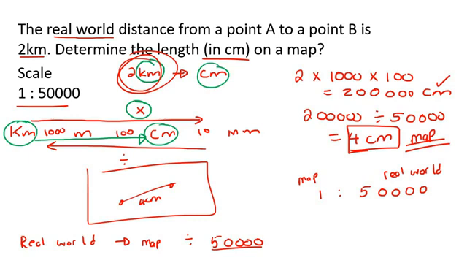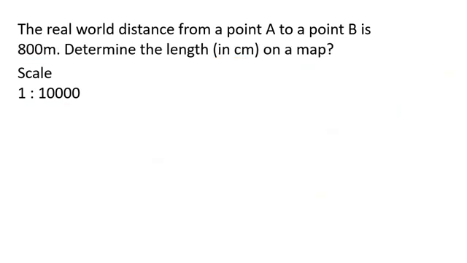Okay, let's do another example. The real world distance from a point A to a point B is 800 meters. So the real world, it's 800 meters. Determine the length in centimeters on a map. Let's quickly change this into centimeters, so we use our conversions again.